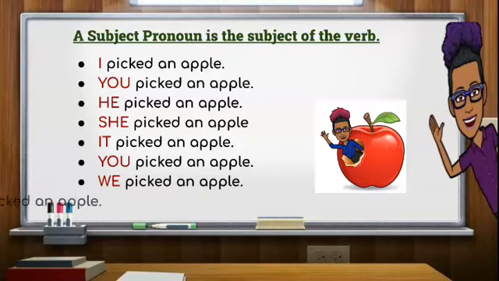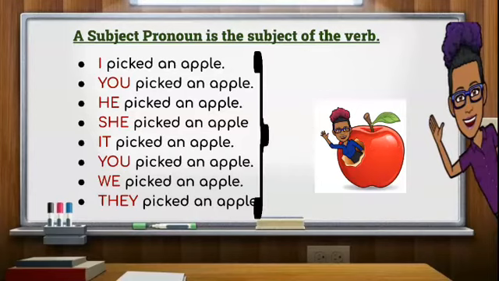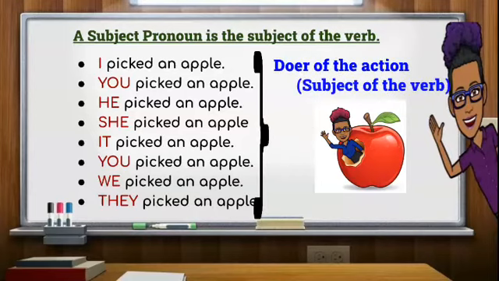You picked an apple, now this you is plural form. We picked an apple. They picked an apple. And all these are subject pronouns, the doer of the action, the subject of the verb. Subject of the verb just means again the doer of the action.